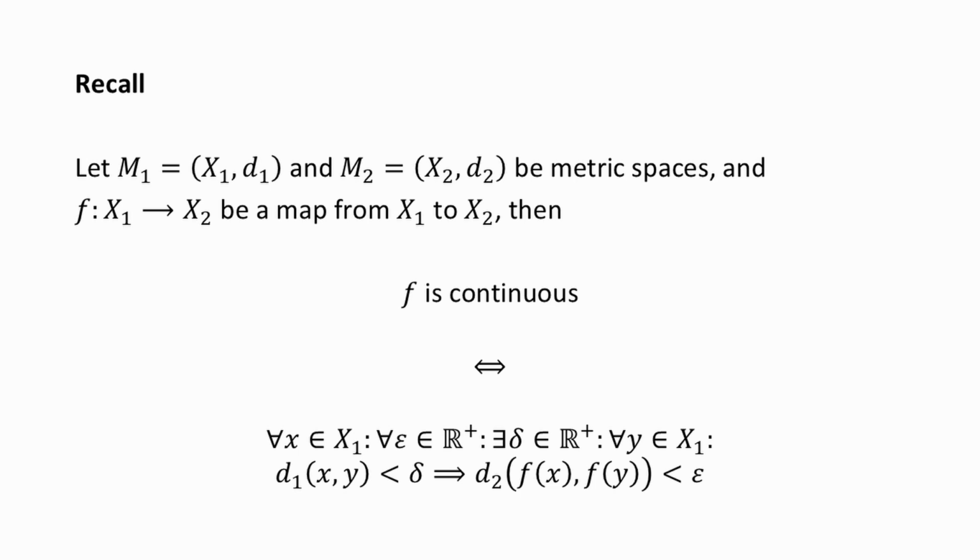Let M1 equals (X1, d1) and M2 equals (X2, d2) be metric spaces, and f be a map from X1 to X2. Then f is continuous if and only if for all x in X1 and for all epsilon in R+, there exists delta in R+, such that for all y in X1, d1 of x and y is smaller than delta implies d2 of f of x and f of y is smaller than epsilon.